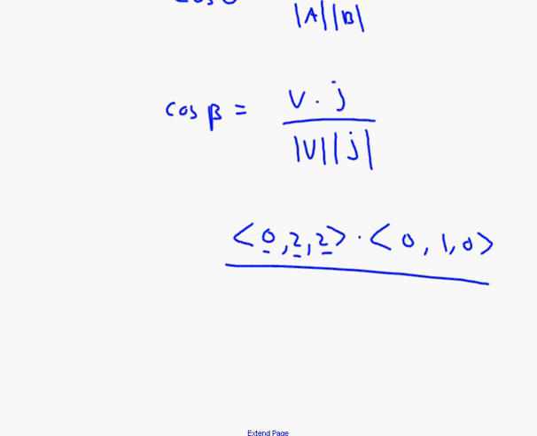Vector v then has a norm of the square root of 0 squared plus 2 squared plus 2 squared. It's going to be the square root of 8, multiplied by the length of vector j, which is just 1.